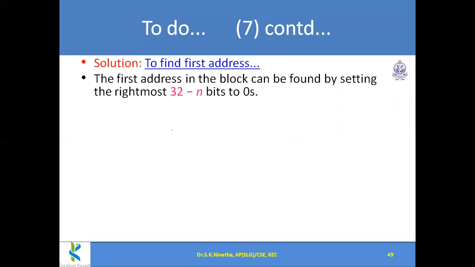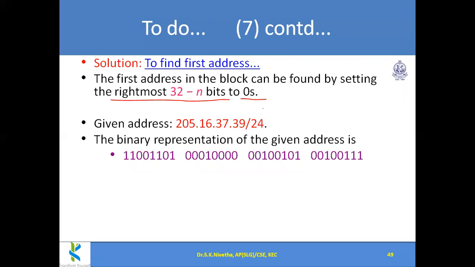And to find the first address in the block, we have to set the rightmost 32 minus n bits to 0. So that will be the first address in the block. First, the given address is to be converted into binary. Then I take the mask value. In that, the rightmost 32 minus n bits.